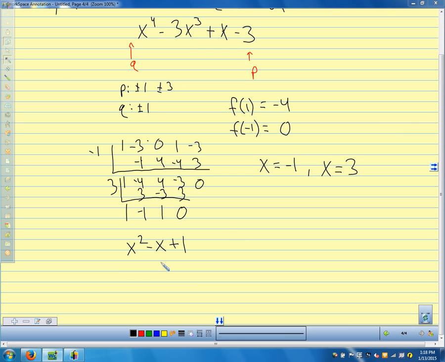So if we plug this into the quadratic formula, x equals negative b plus or minus the square root of b squared, 1 minus 4 times 1 times 1, over 2a. 1 minus 4 is negative 3. Square root of negative 3 is imaginary. So this one doesn't give us real roots.